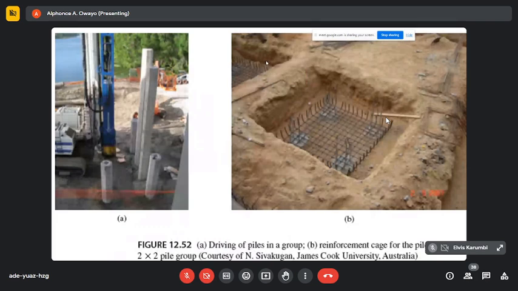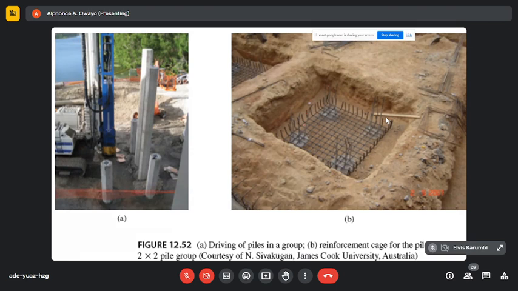These are some examples of a pile group and the reinforcement. Here you can see the photo. Here we have 1, 2, 3, 4, and then the pile cap. So this is the pile cap, because you want some rigid material to be able to transfer the load uniformly to the piles.